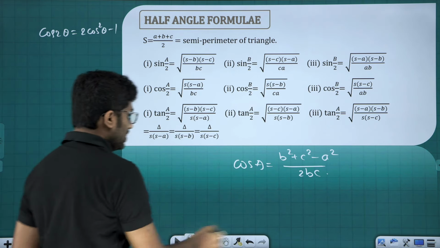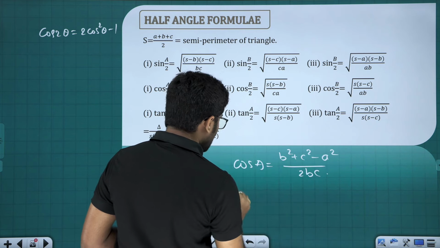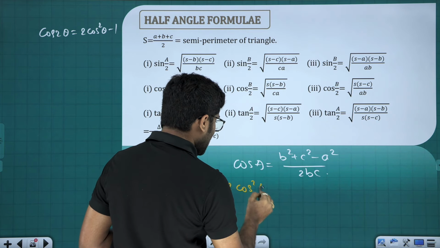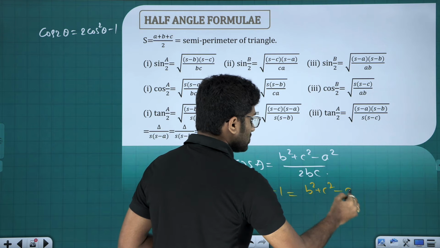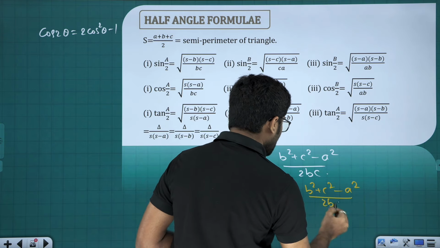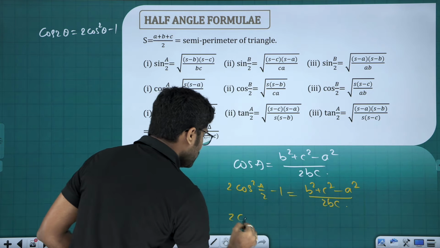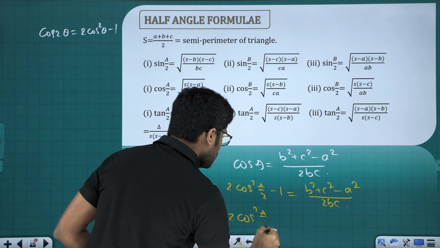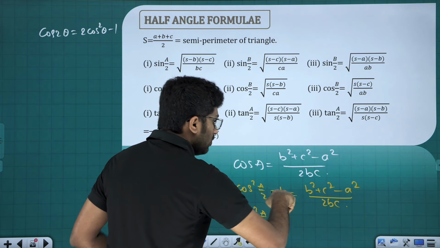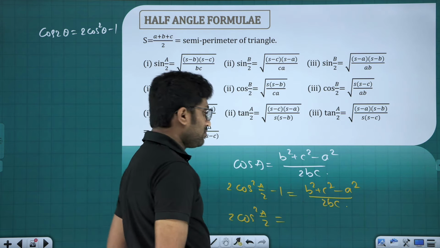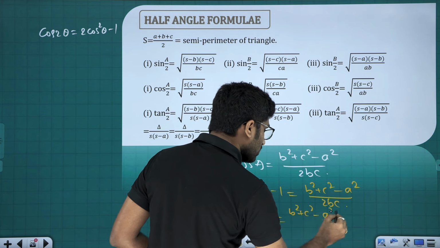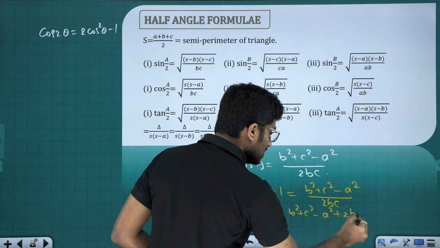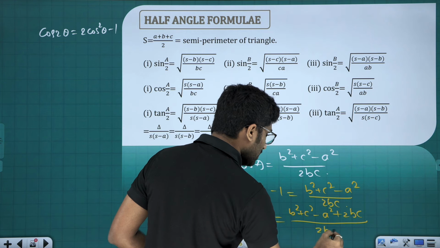So in the same way, 2 cos square A by 2 minus 1 is equal to b square plus c square minus a square divided by 2bc. So 2 cos square A by 2 is equal to, taking minus 1 to the other side, it becomes plus 1. When we take the LCM, we get b square plus c square minus a square plus 2bc divided by 2bc.